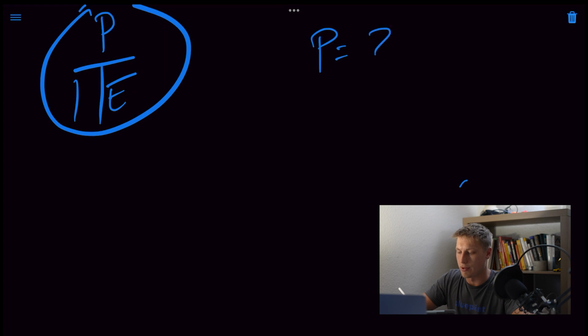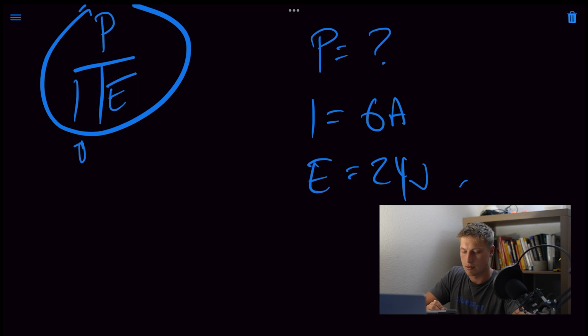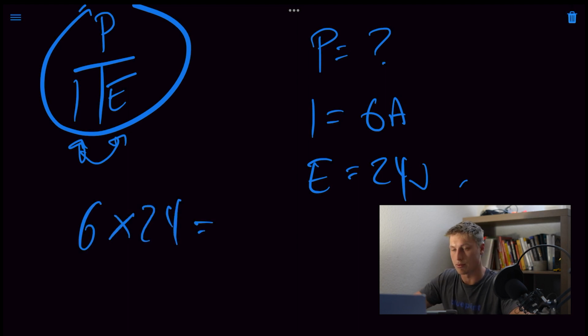P equals unknown, I equals 6 amps, and E equals 24 volts. What does P equal? Well, I times E equals P. So we just do 6 times 24, which equals 144, correct?